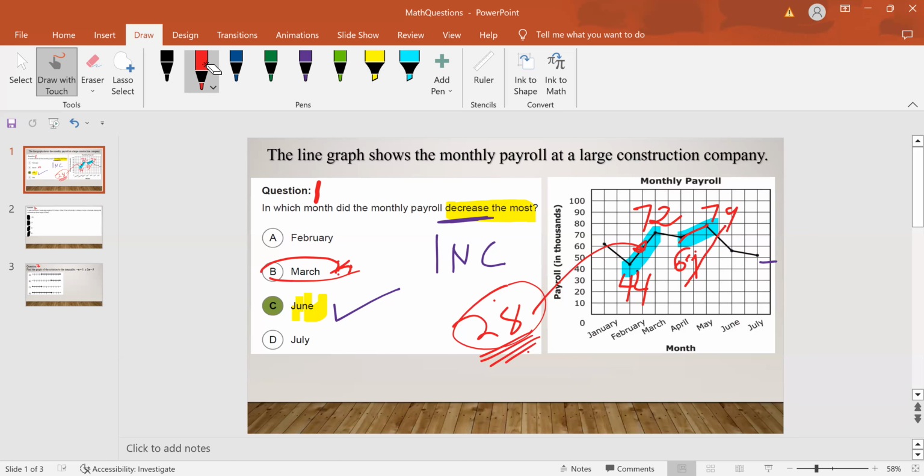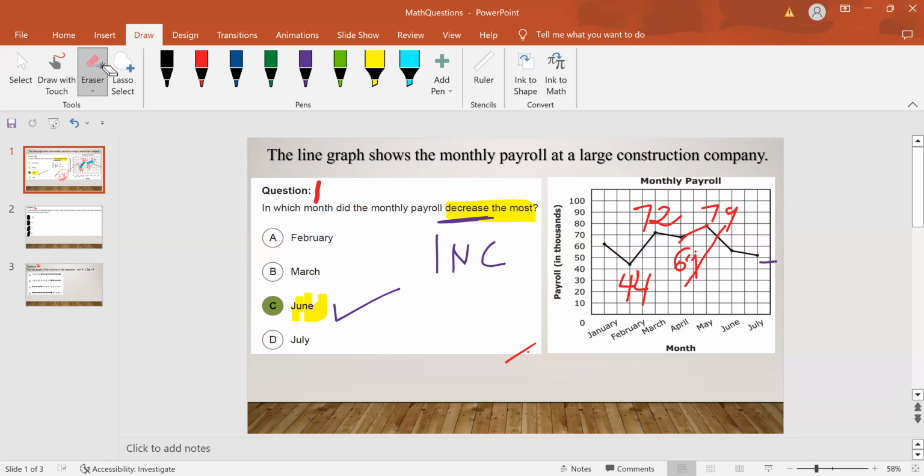This is just something I made up, but for this particular question, the best choice is C, which is June. So it's very important to understand how to read the graph, because we never know. They can give you a different question where you have some graph to analyze, and it's not only for math, it can be in any other subject. So the best thing is to understand how to read a graph.